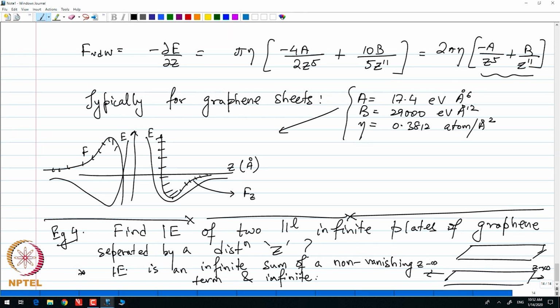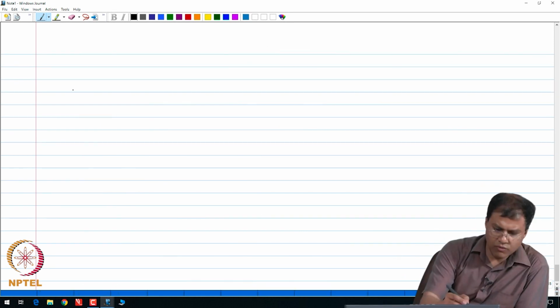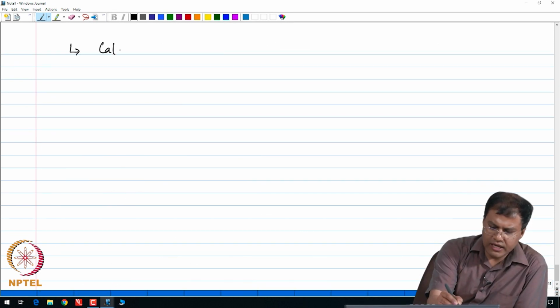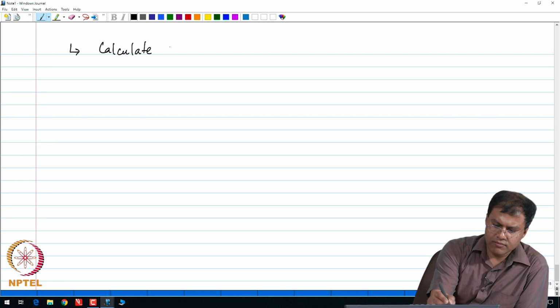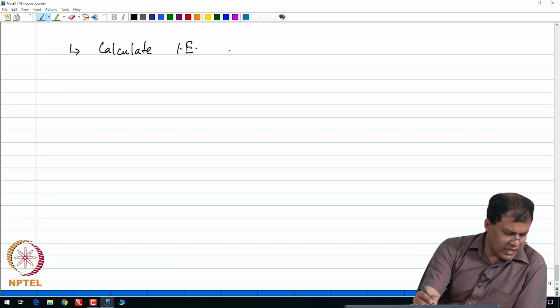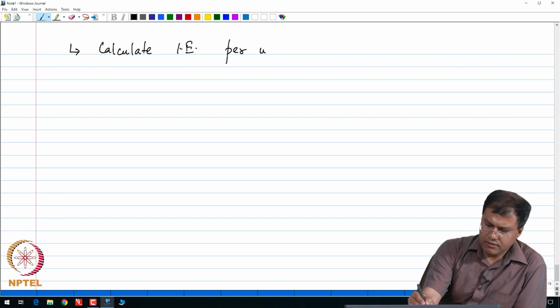So, we instead calculate the interaction energy per unit area.